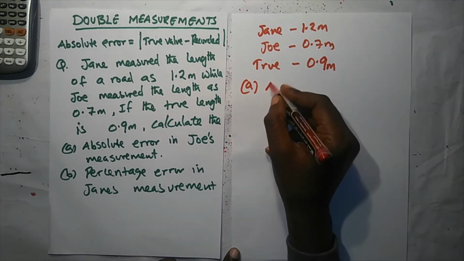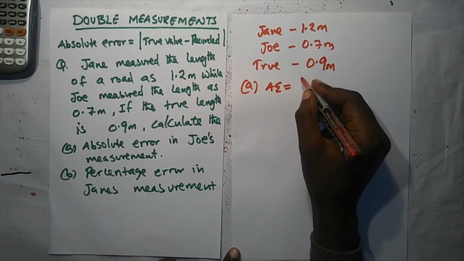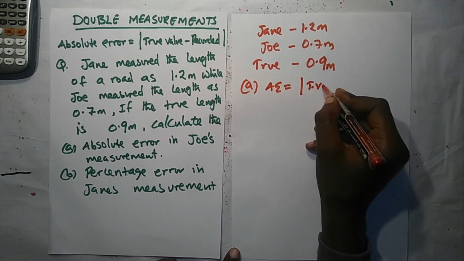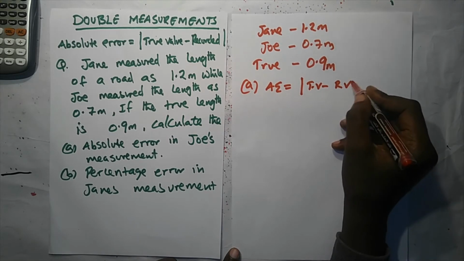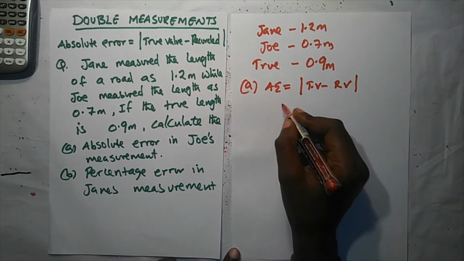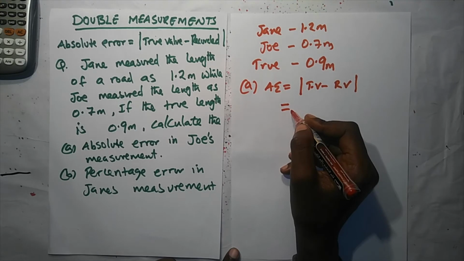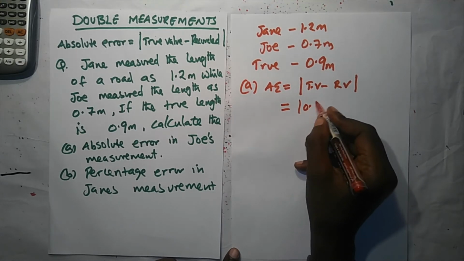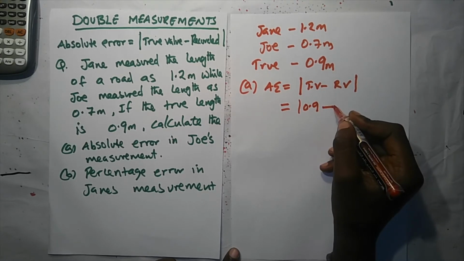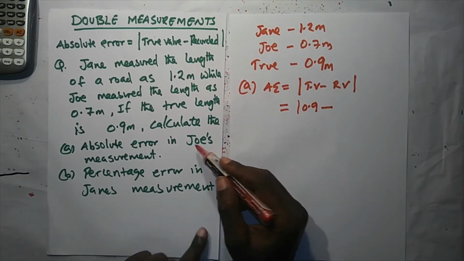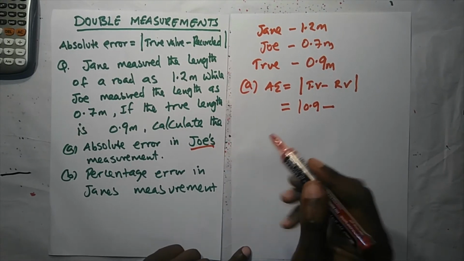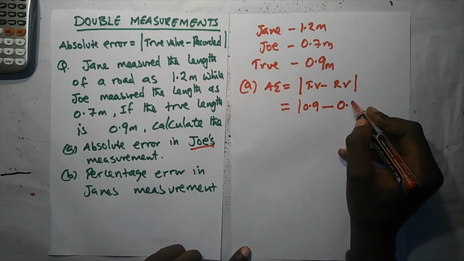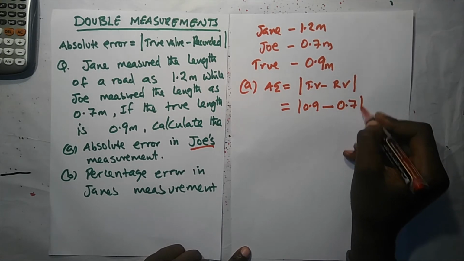So absolute error is given by the modulus of the true value minus the recorded value. The true value given is 0.9 minus the recorded value. Since the question is talking about Joe, we look at what Joe found, which is 0.7.